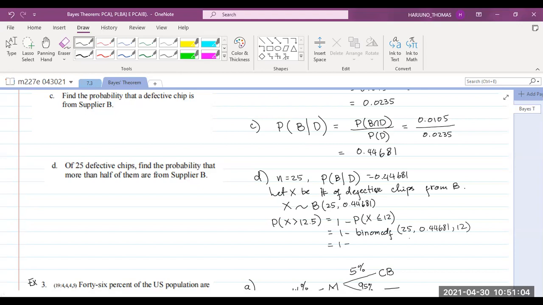Use my calculator. 25 is the number of trials, 0.44681 is the probability that each defective chip is from B, and then we need up to 12 of them. That's 0.70498. So the probability will be 0.29502. Okay.